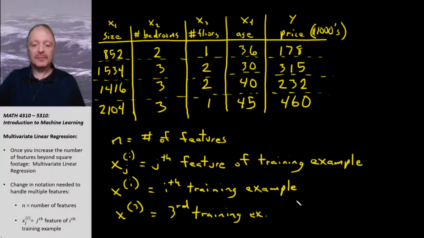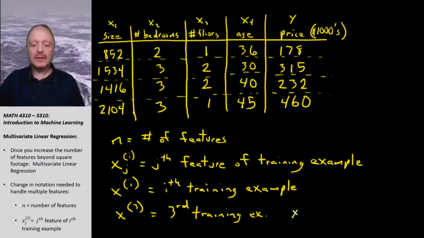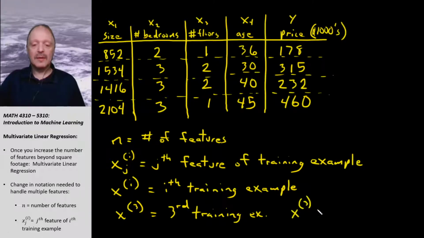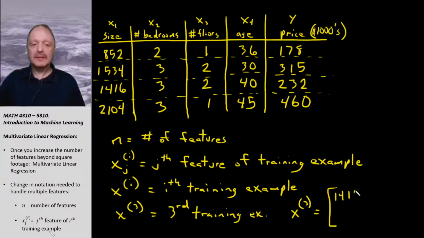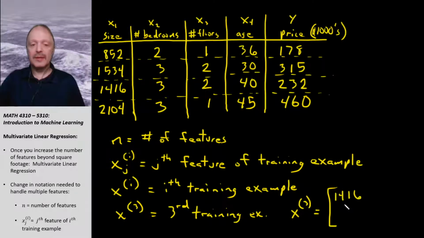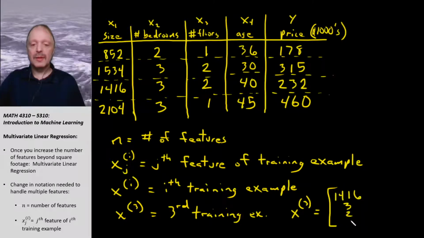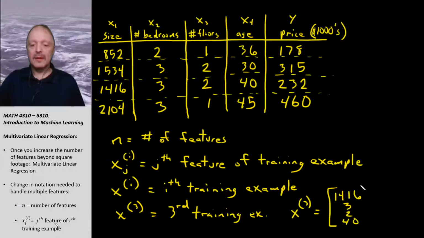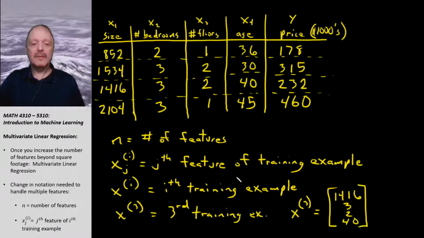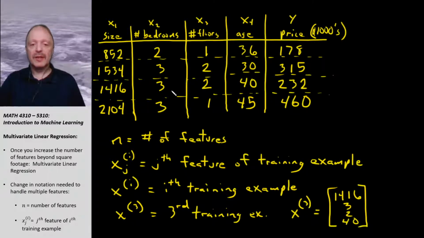And it would look something like (14, 16, 3, 2, and 40). Okay, so just reading across right here.